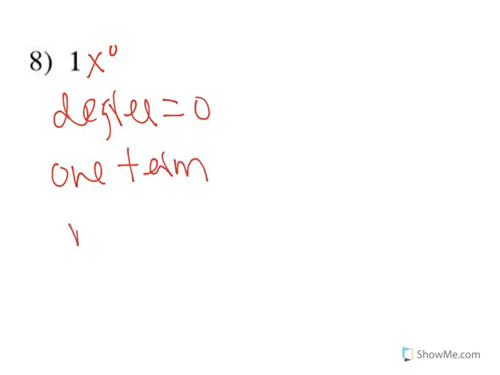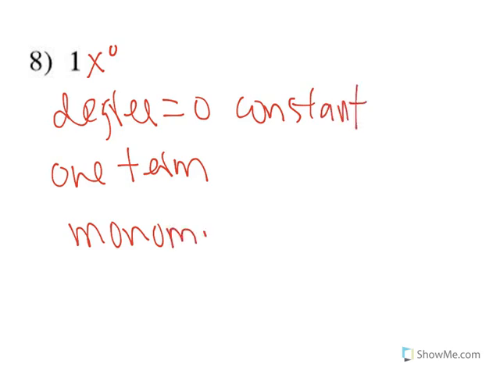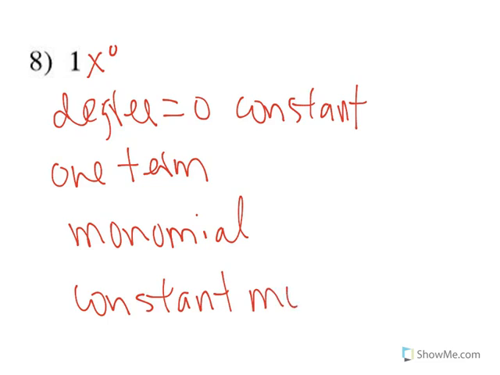Right, so then this is called a, my mistake, degree 0 is a constant, and this is a monomial, so the name for this expression is a constant monomial.